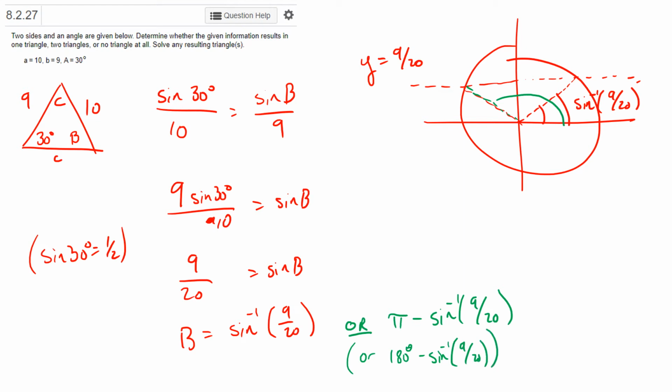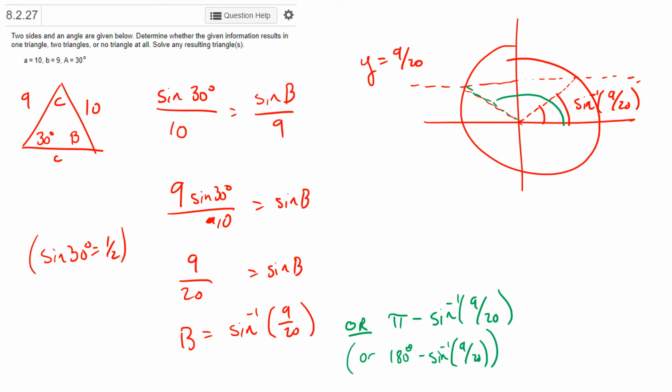Remember that arcsine is going to be a little tricky to work with. It only gives you answers in quadrants 1 or 4 on the right half of the circle. If there's another solution on the left half of the circle, you need to figure out what that is based on some symmetry arguments.